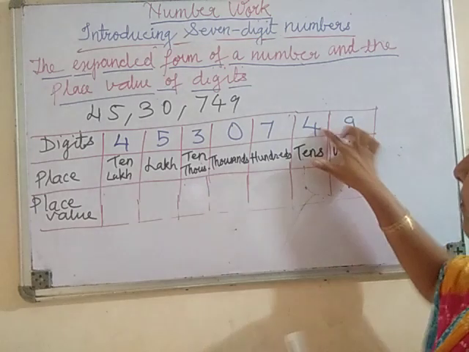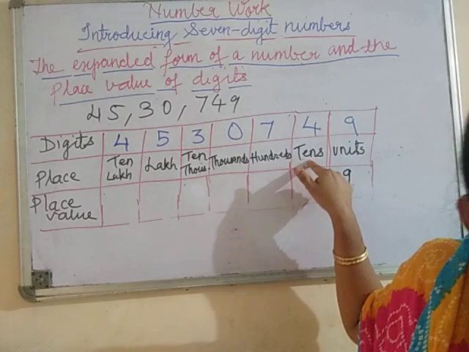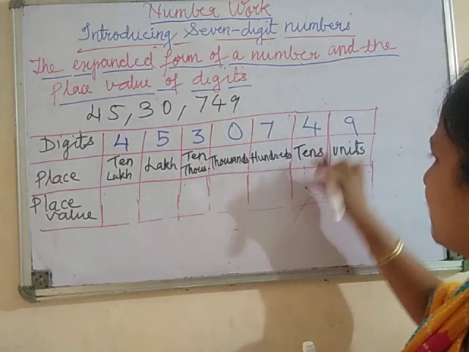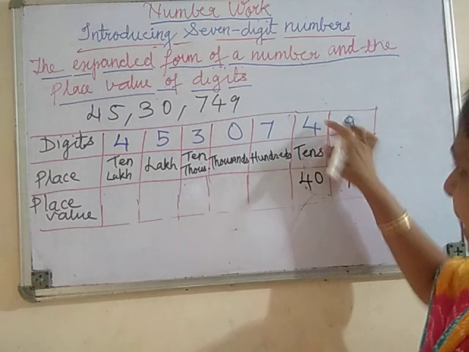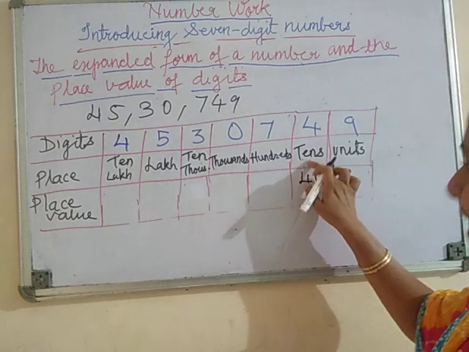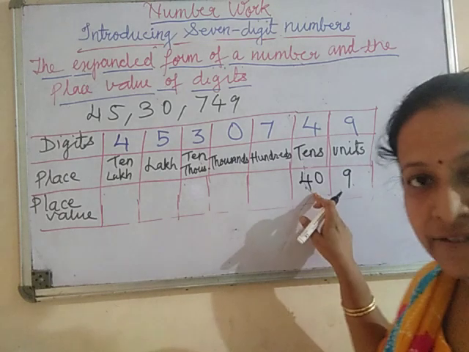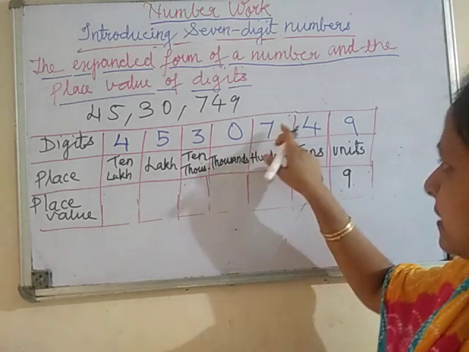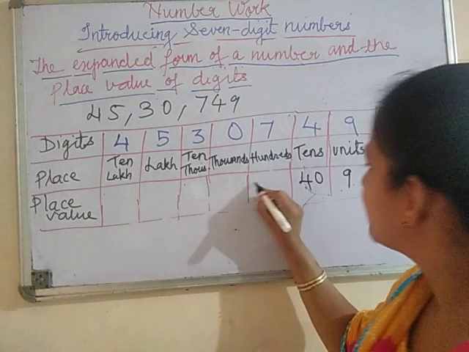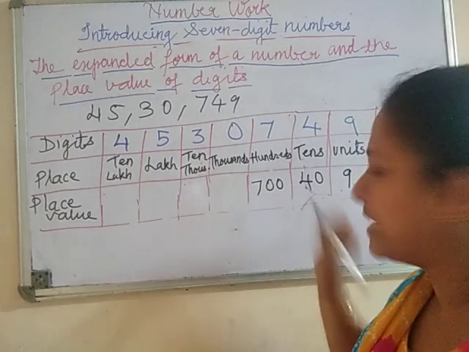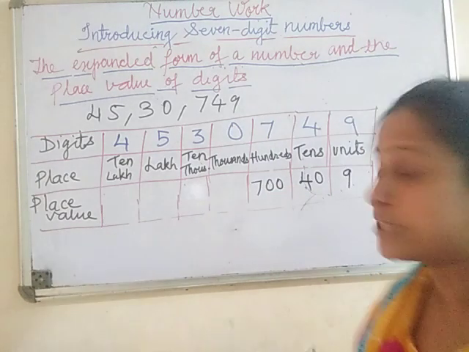Now 4 multiplied by 10 becomes 40. Correct? So the place value of 4 in tens place is 40. Value is 40. Then 700. Okay. So it will become 700 as the place value of 7 in hundreds place.